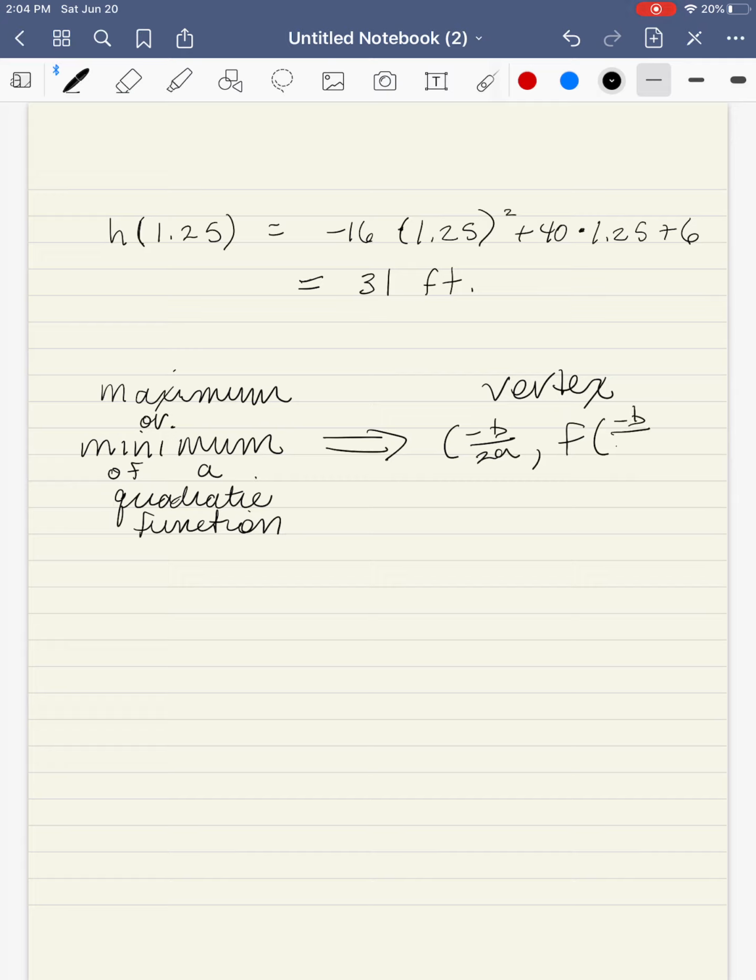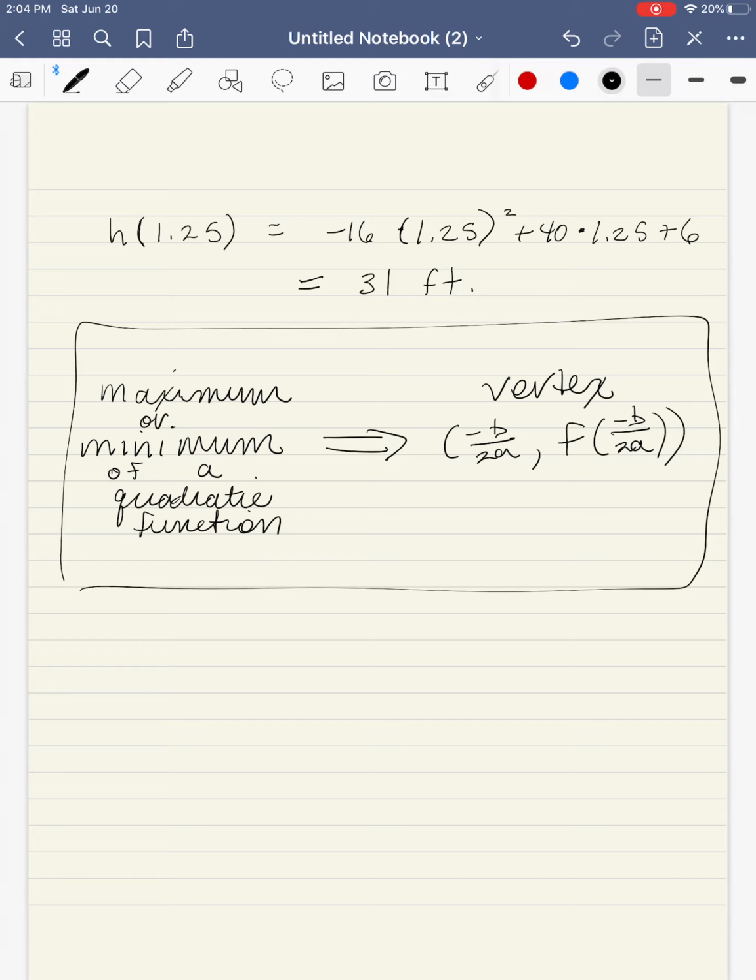Find the vertex and memorize that formula, negative b over 2a, and then to find the dependent variable, plug it into the given function.